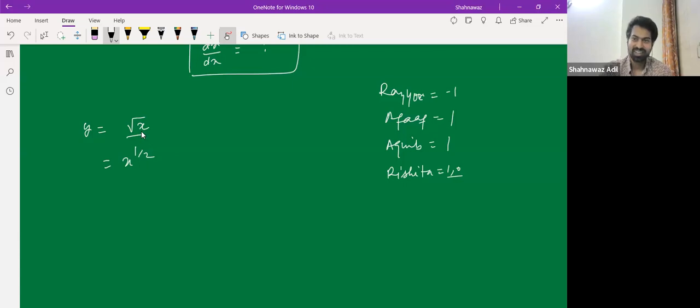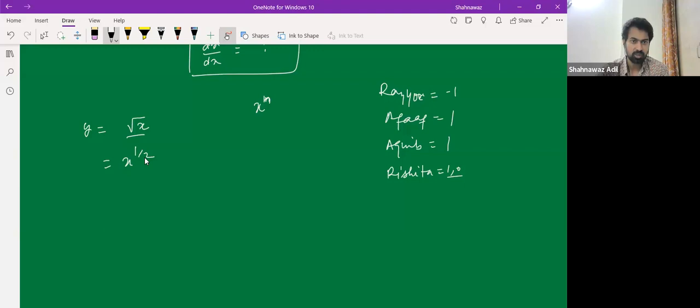Do we use the polynomial function formula here? This is not a polynomial, because it has a fractional power, but we can use the relation d of x to the n by dx, which is simply n x to the n minus 1. So n can be half or anything.